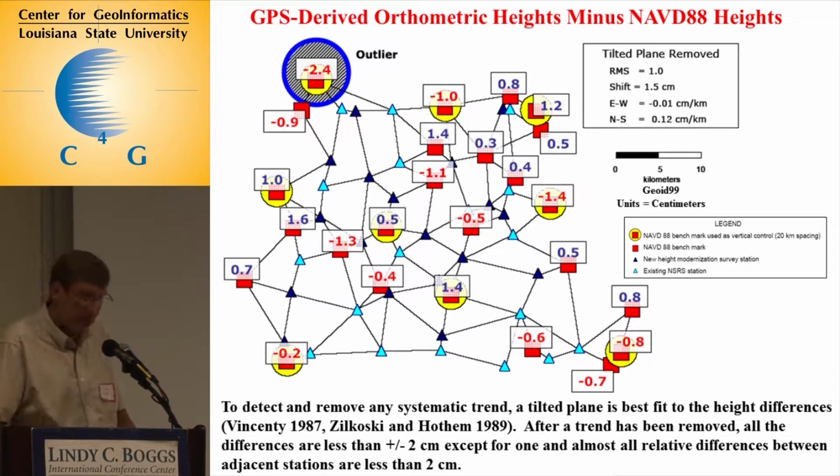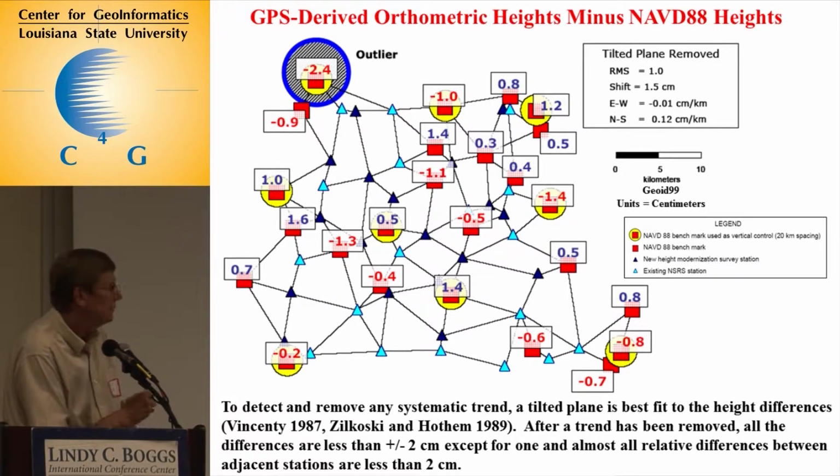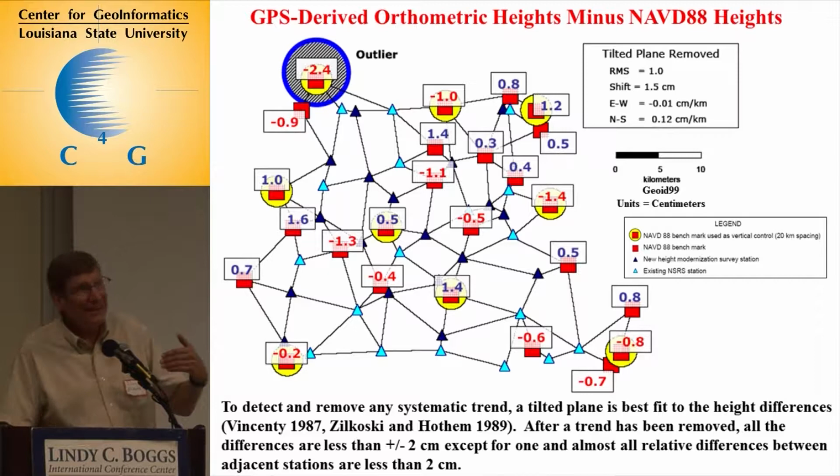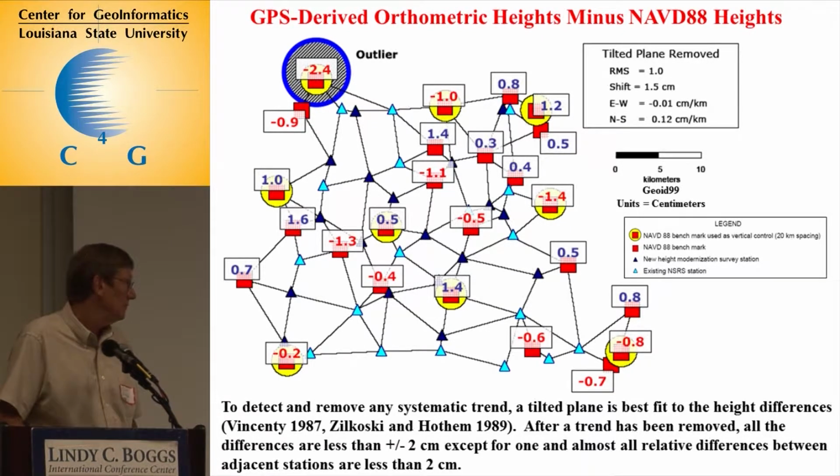But once again, Geoid 09 is much better because it's occupying a lot of these benchmarks. So all of this information is already in Geoid 09. So today, you shouldn't have a lot of these, I would say, east of the Mississippi.